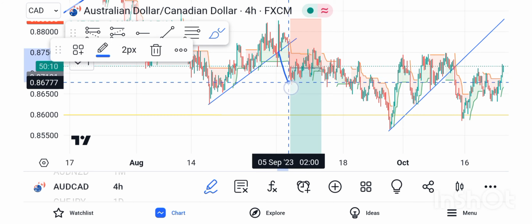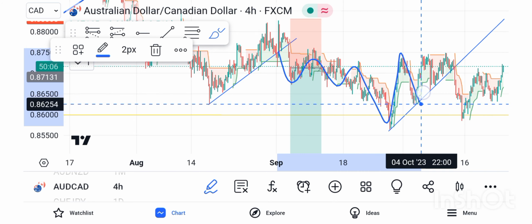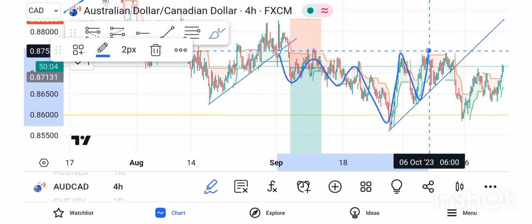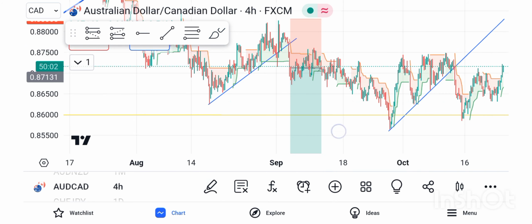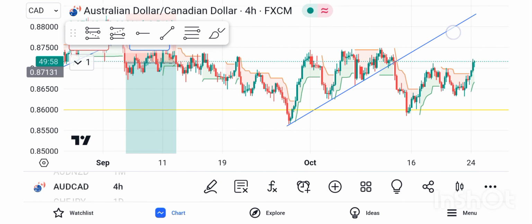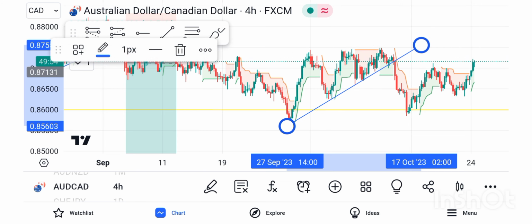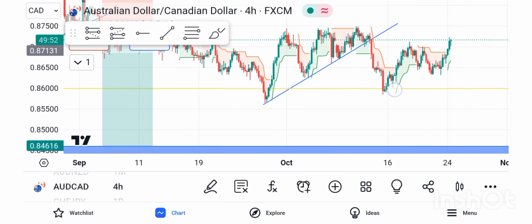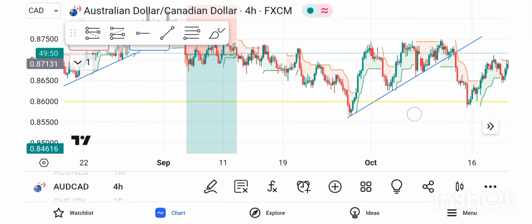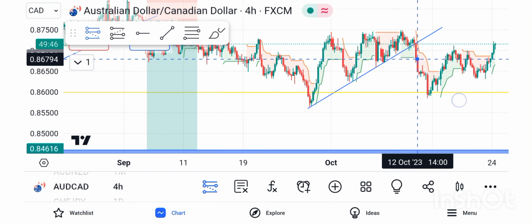Then it keeps going down, and then we notice this, and this. You're getting the idea behind this, right? And we draw our trend line like so, and wait for the break, and then it breaks here. And then it breaks here. Beautiful.